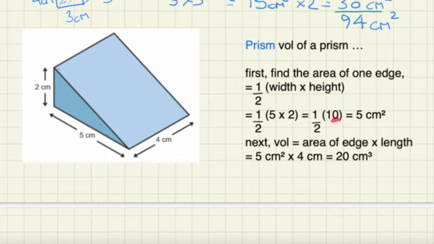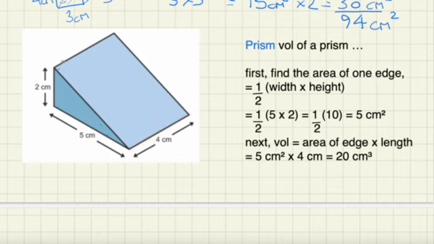So that's half of 10, and half of 10 is 5 centimeters squared. And that just gives you the area here. To turn that into a volume, all you have to do is multiply it by the length.